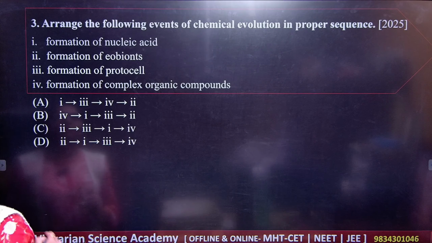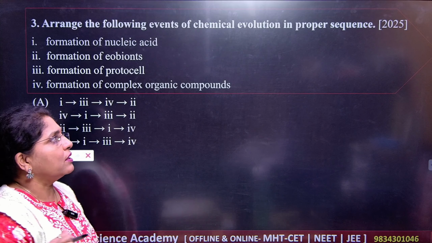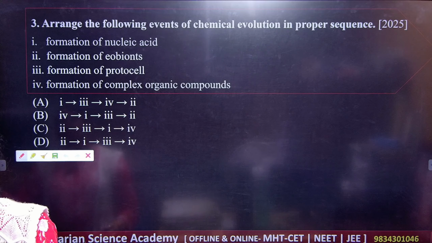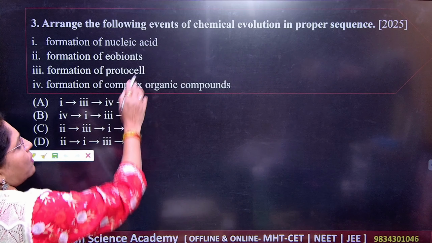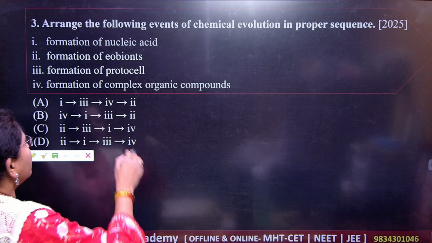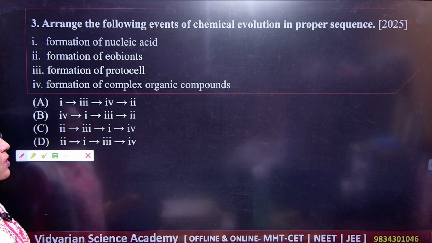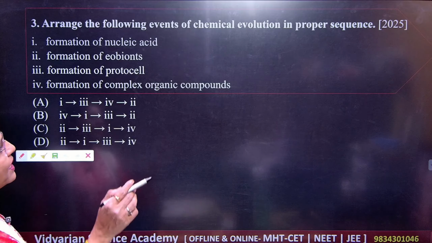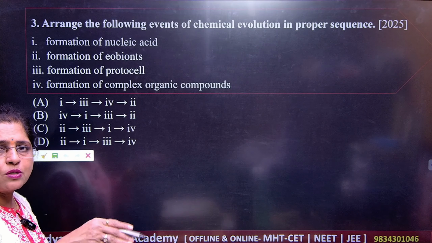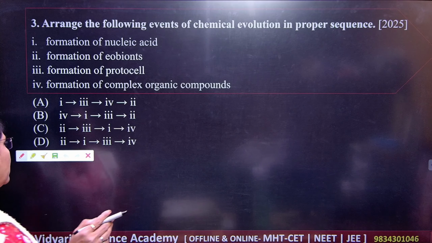Got it? Then the third one: arrange the following events in the chemical evolution in proper sequence. So what are the steps given here? Formation of the nucleic acid, then formation of the eubions, then formation of the protocell, formation of the complex organic compounds. So we are supposed to show the correct sequence, and that is why in the previous question also I told you that you should know the hierarchy for the chemical evolution, right?